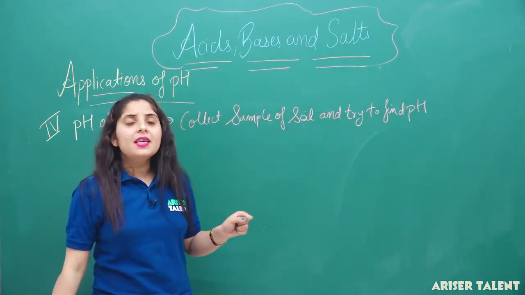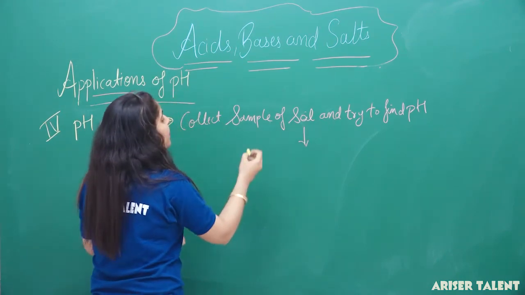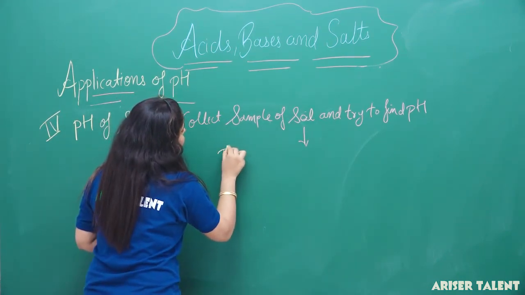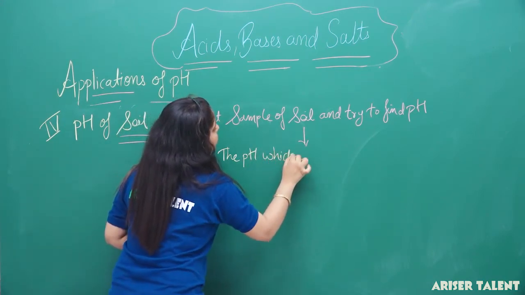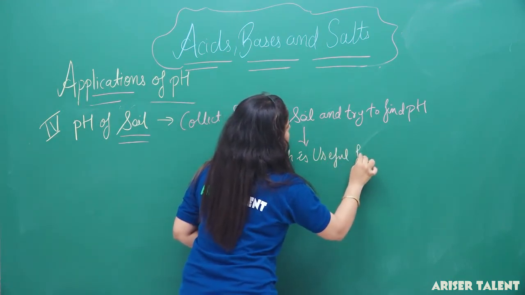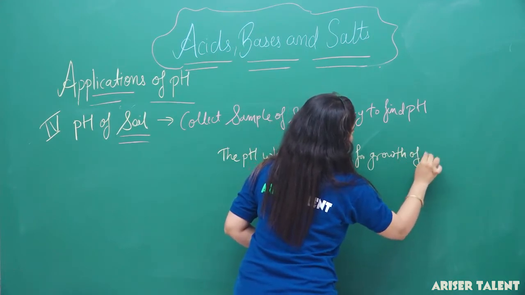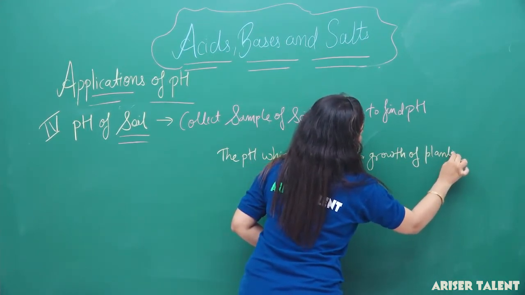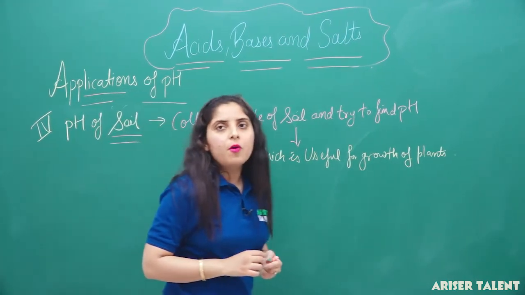Now what we will see is that the pH will have a different value in different cases. So we will check the pH which is useful for the growth of the plants. So in this way, the pH of the soil is another very important factor.